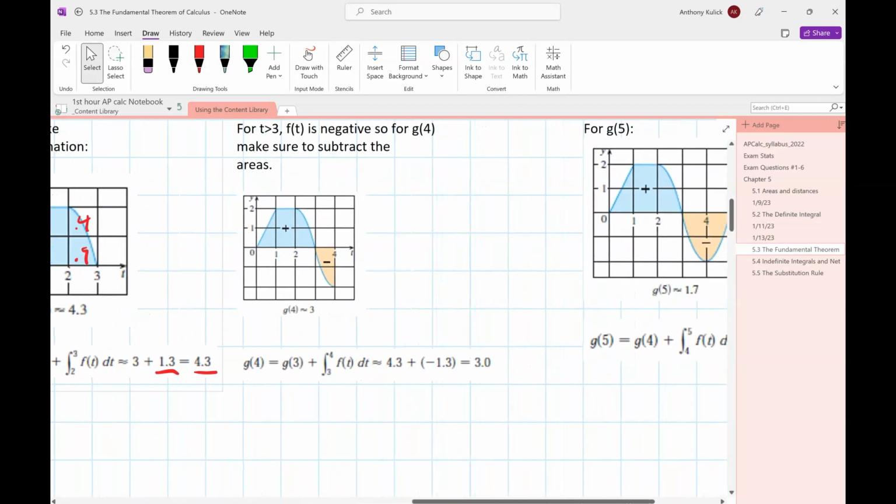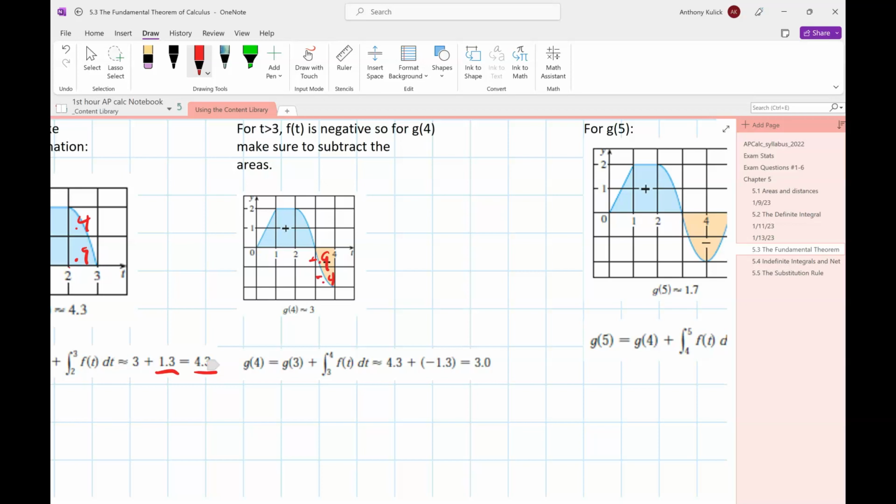If I look at g of 4, I'm talking about this area. Now I notice that I have areas above the x-axis and below the x-axis. So I know the part down here that's below needs to be a negative area. But this looks like basically the same shape as that piece was, right? So again, I would estimate that as like negative 0.9, and this one is like negative 0.4.